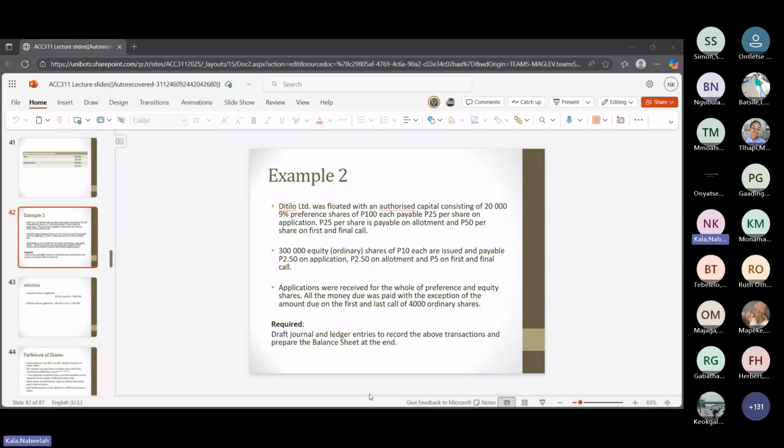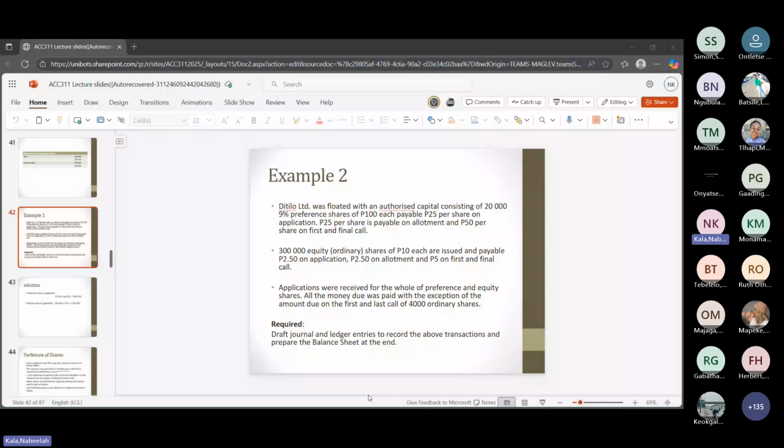Which means previously share applicants are now ordinary shareholders. So we remain with two accounts: the ordinary share capital and bank account. Those are the accounts that are moved to the statement of financial position.